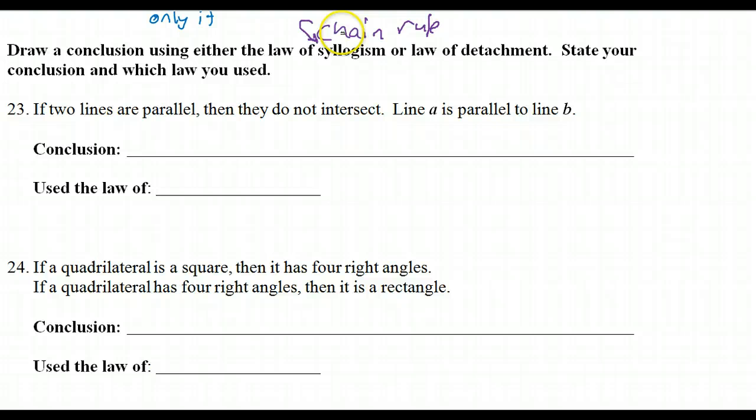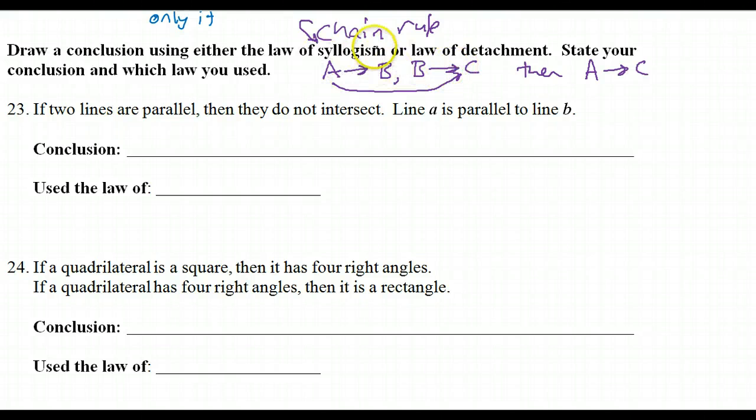If it's going to be syllogism, it'll be the one of the form if A leads to B and B leads to C, then A leads to C. The first leads to the last. That's the chain rule, that's syllogism. Detachment is the other one, and that's just sort of common sense. If A leads to B, and then I tell you that A is true, then you can assume that B is true.